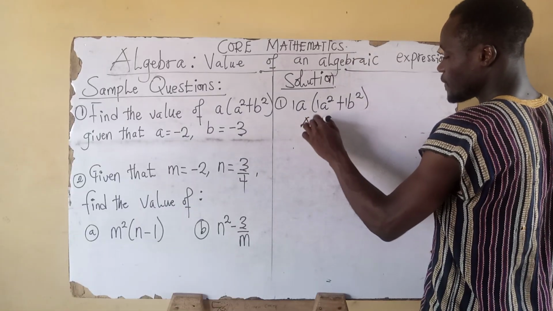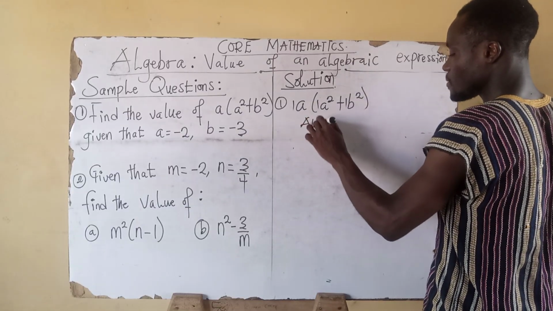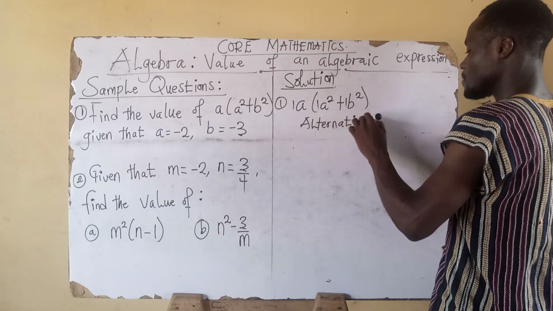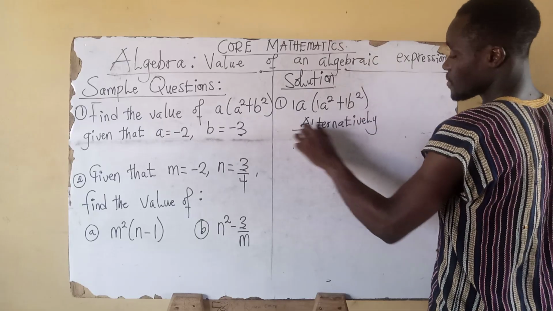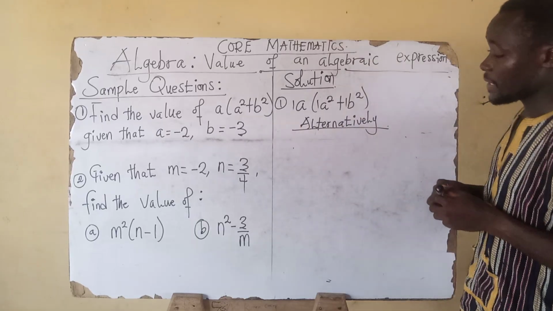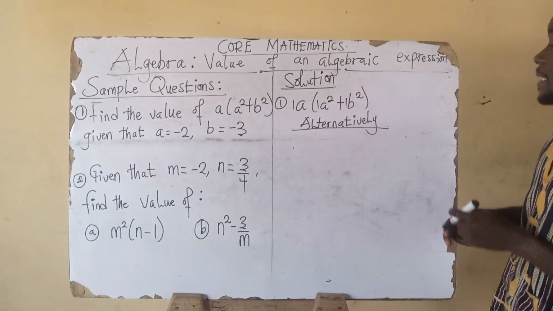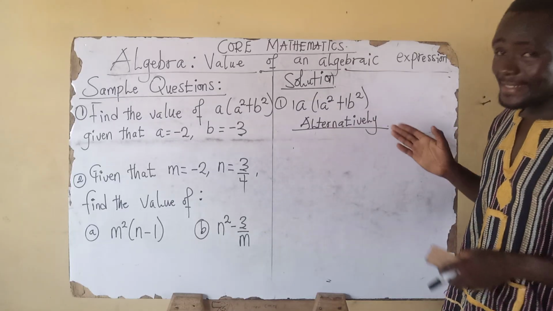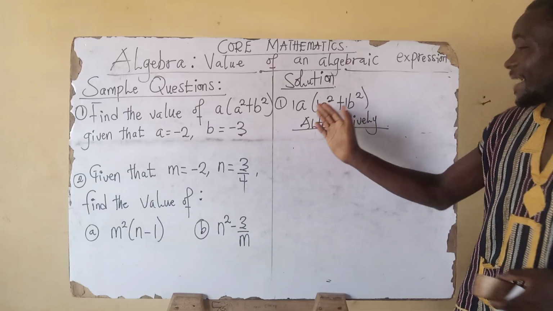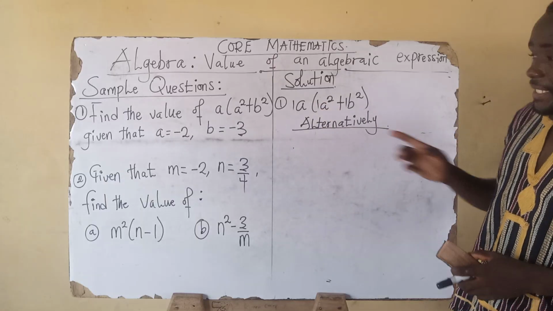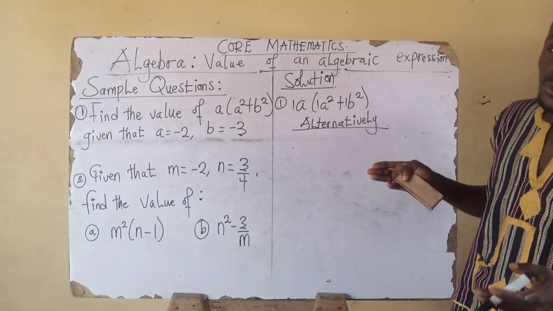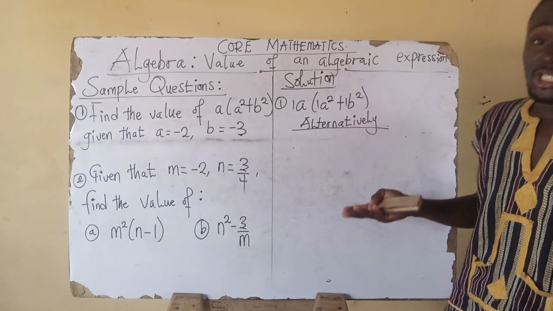So alternatively, let's see how to go about it. Alternatively, we can decide to expand. We can decide to do what? Expand what we have over there. So expansion can also help us through the alternative approach.